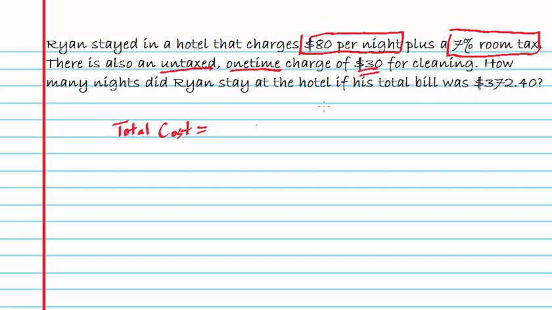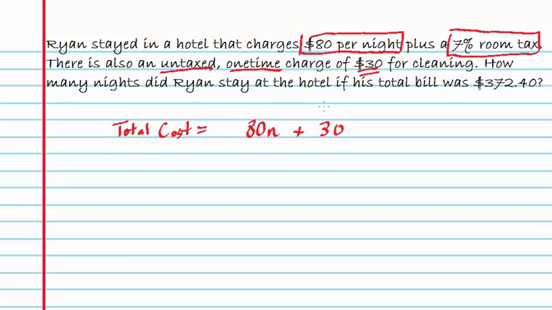We know it's $80 per night, so I'm going to use 80n to represent $80 per night. So N represents the number of nights he stayed in the hotel. Next, I'm going to address the one-time charge of $30. So he also has to pay $30. So it's $80 per night plus $30 cleaning fee.